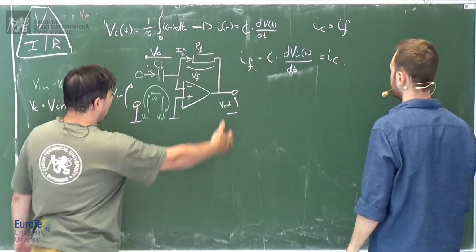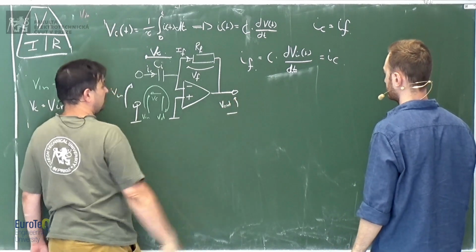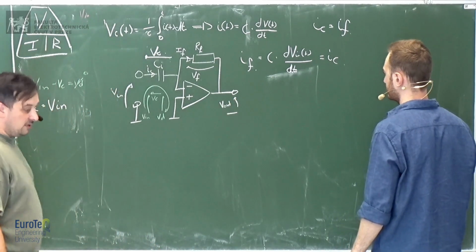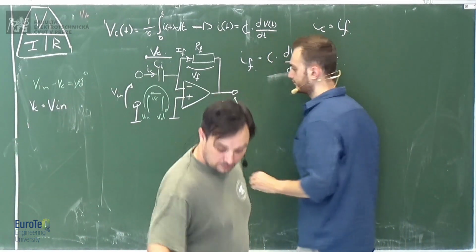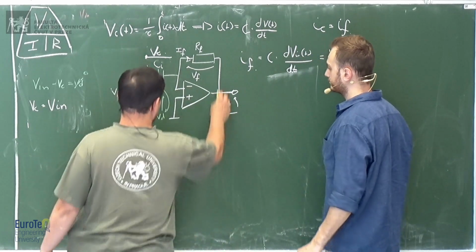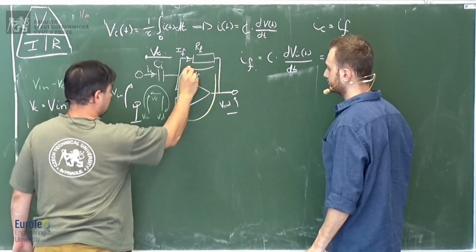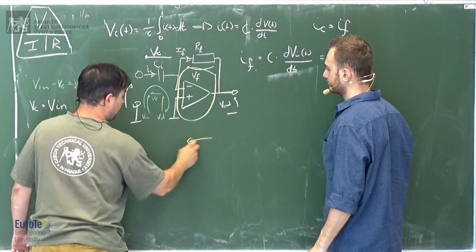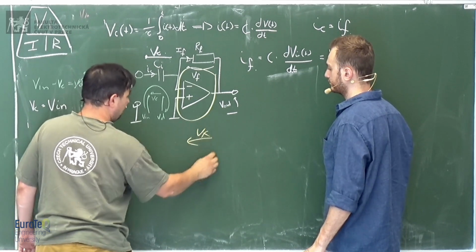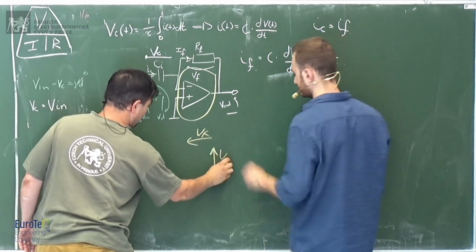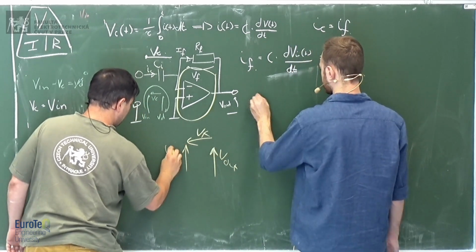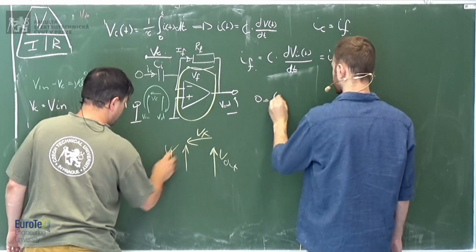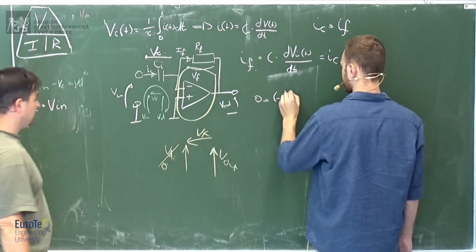Now, V output is equal to what? Let's take this loop. We have V feedback, V output, Vd, which is in fact 0.